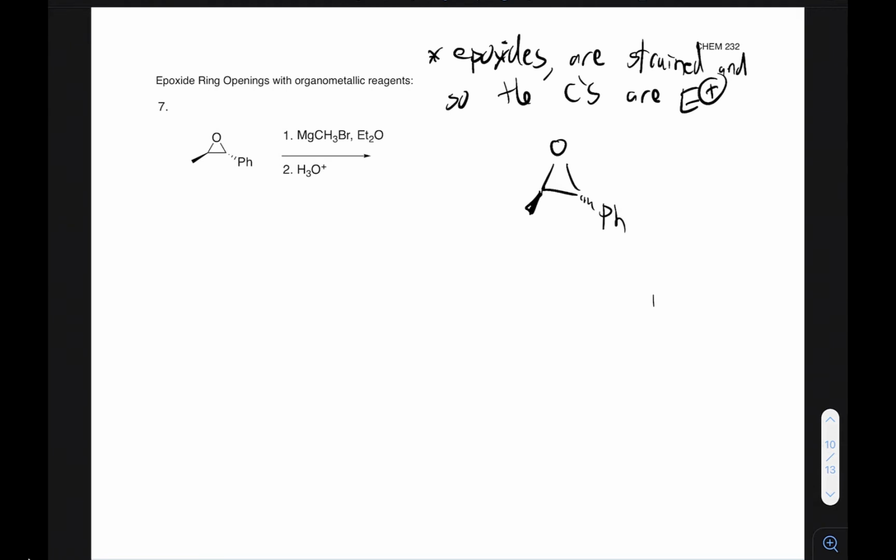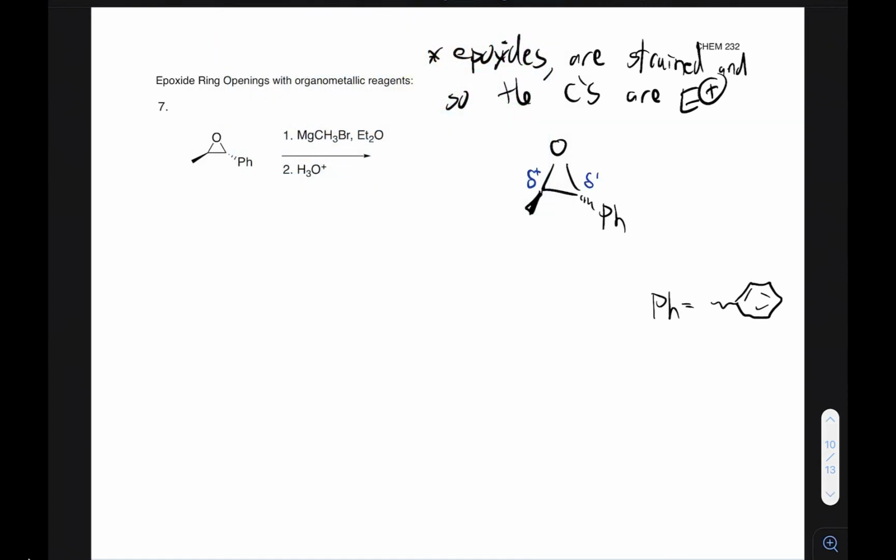Remember, phenyl groups are these aromatic rings. Because this three-membered ring is really strained, it doesn't like being in this conformation, so these carbon bonds are weakened. So there are partial positive charges on these carbons.